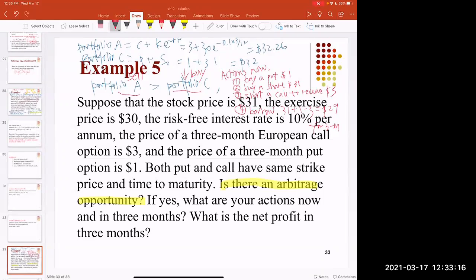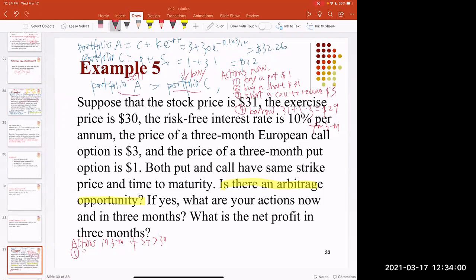Okay. And the actions in 3 months, if the stock price is greater than 30: in this case, you're going to exercise the call to sell the share, because you have the short position, right? You take a short call, which means in the future you have the obligation to sell.